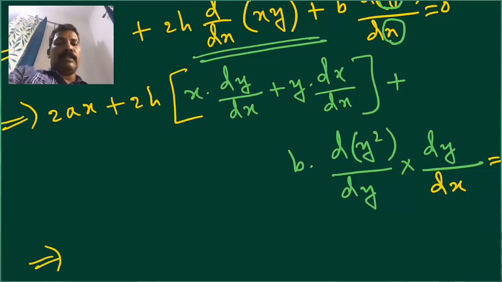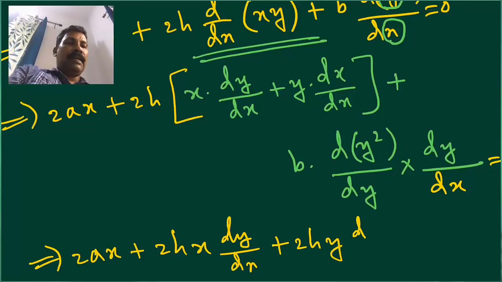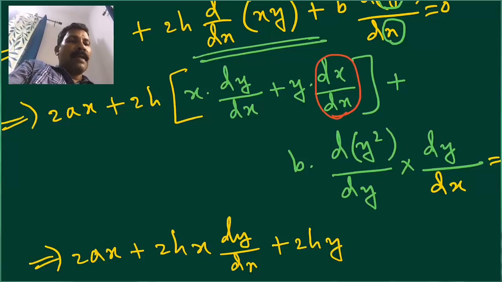Now we can proceed: 2ax plus 2hx dy by dx plus 2hy d by dx of x. What is dx by dx? dx by dx is 1 only, the derivative of x with respect to x is 1 only, so we need not write it.